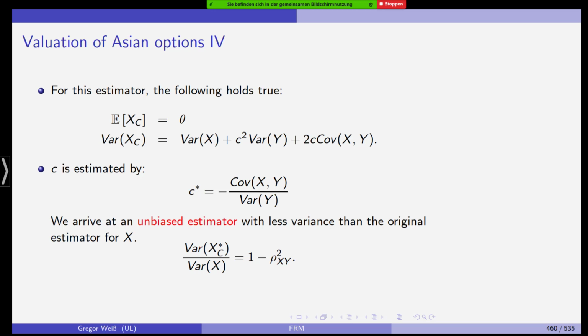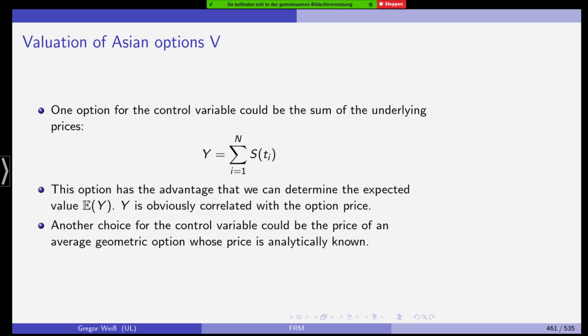So if the correlation is not 0, the variance of the controlled estimator will be lower than the variance of the initial estimator X. That's why, if you have a correlation for your control variable, you choose c star like this, and you get a controlled estimator Xc that has a smaller variance. So this is very nice.